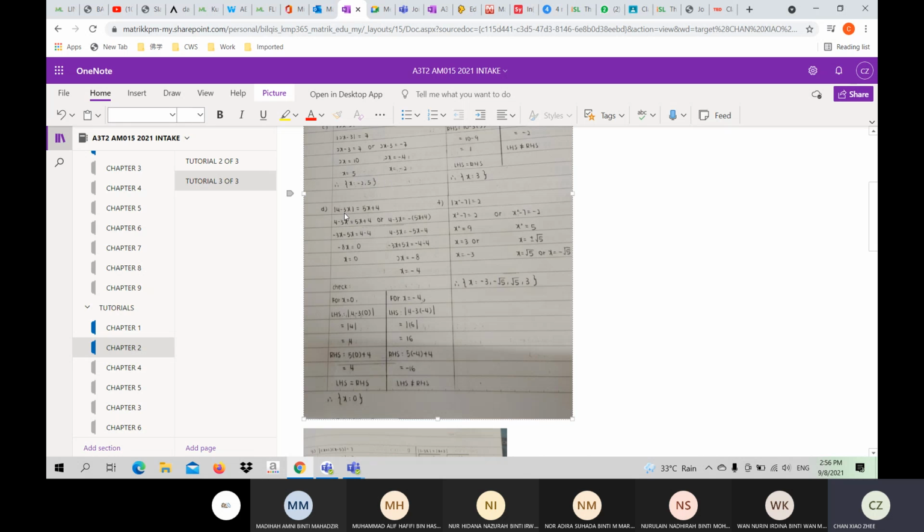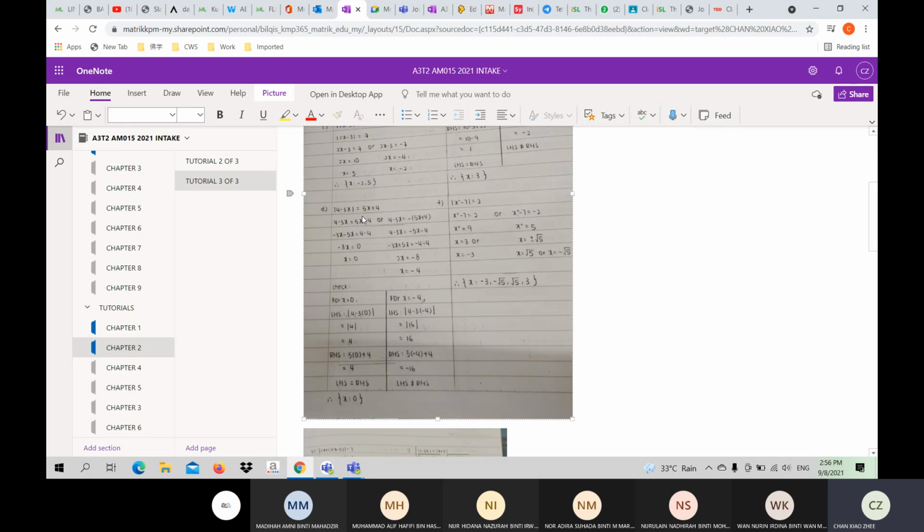D. Absolute 4 minus 3x equals to 5x plus 4. Macam tadi juga mesti kena satu positive answer and the other one negative. So the first equation is 4 minus 3x equals to 5x plus 4.